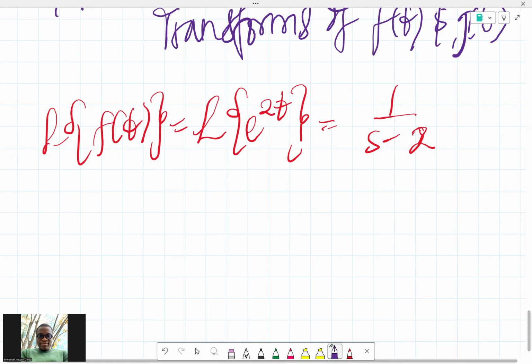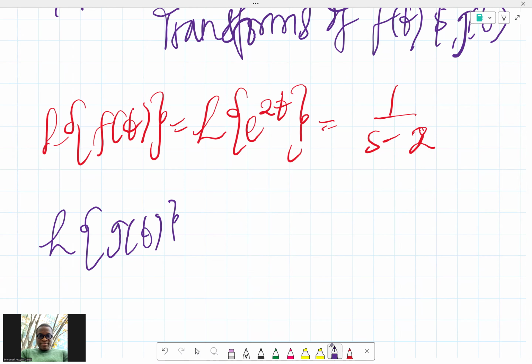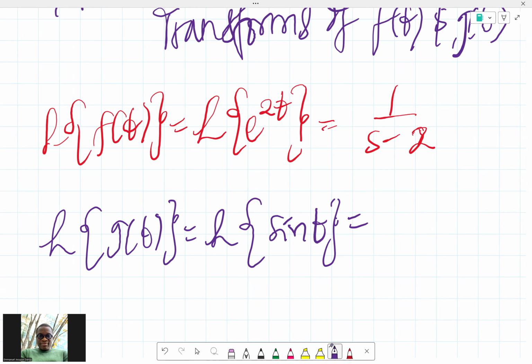On the other hand, we also have the Laplace of g of t, which is sine t. I used the Euler identity to find the joint result for sine and cos. The Laplace of sine at is a over s squared plus a squared.